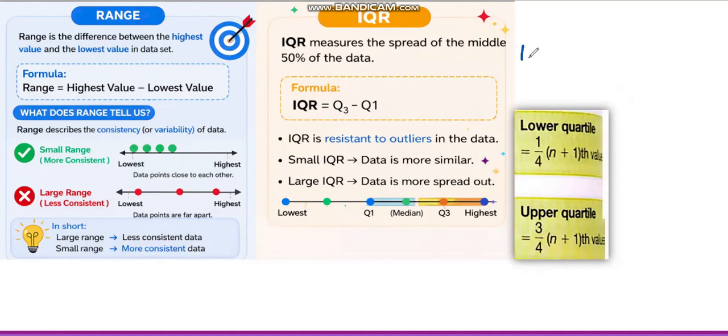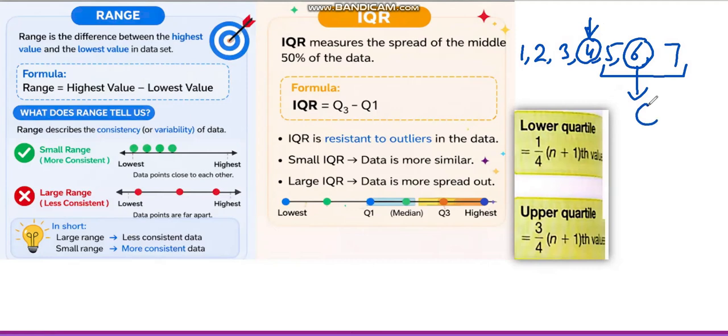For example, if I take the values 1, 2, 3, 4, 5, 6, and 7, I have a middle value which is 4, and I can divide the data into two halves, the lower half and the upper half. The middle value of the upper half is 6, which is usually called Q3, and the middle value of the lower half is 2, which we name as Q1. So the difference of Q3 and Q1 is called the IQR.